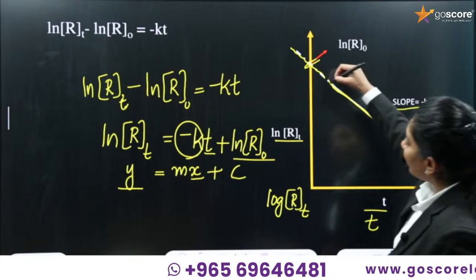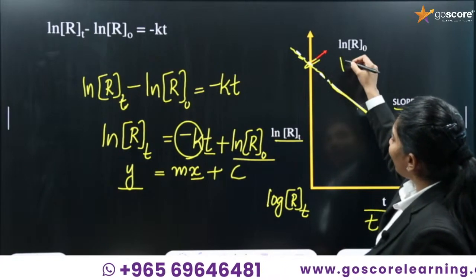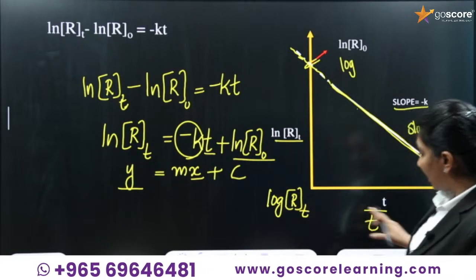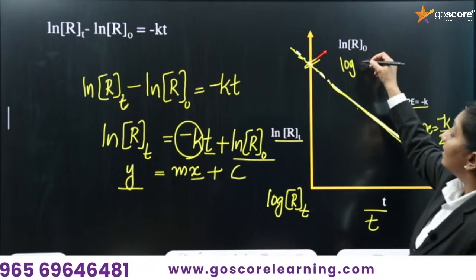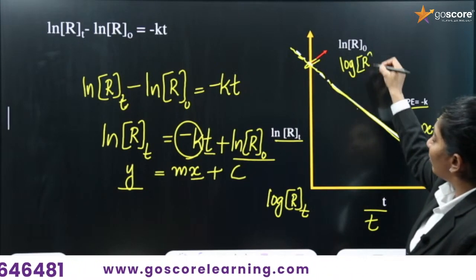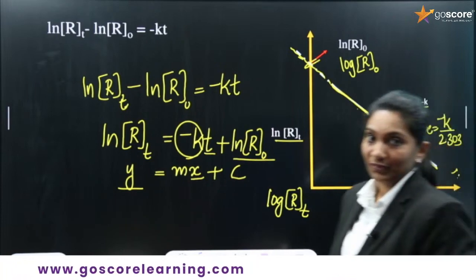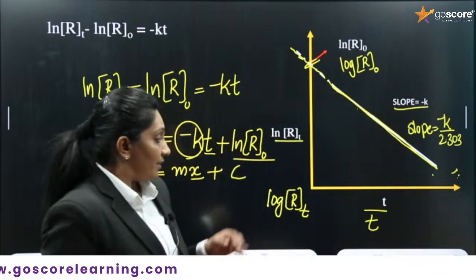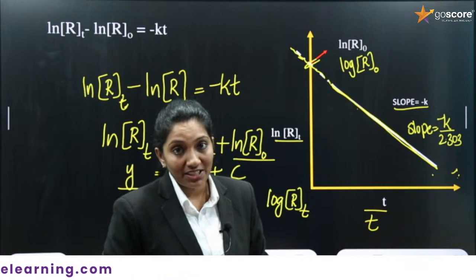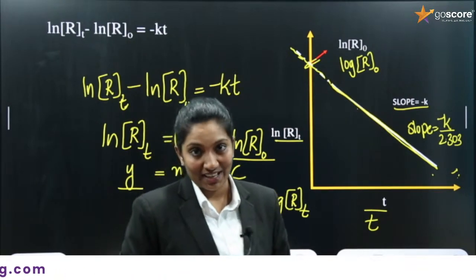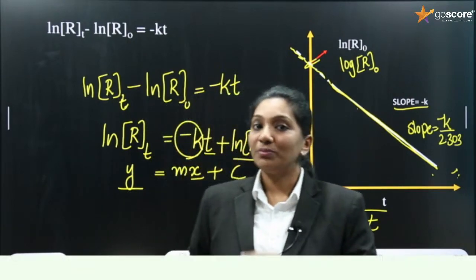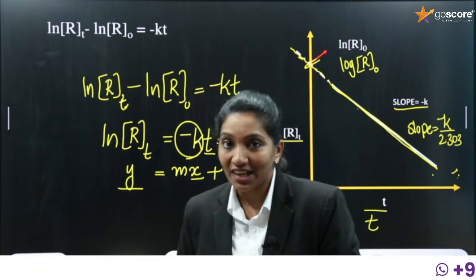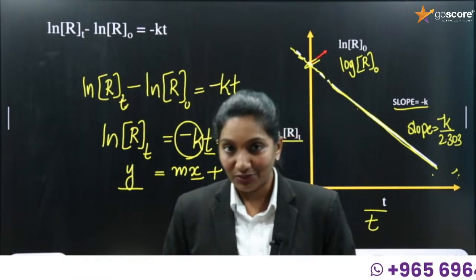And your y-intercept, if you are taking log Rt versus t, will be log R0. So these are the graphical representations for first order reactions. I hope the derivation as well as the graphical representation is clear for everyone.